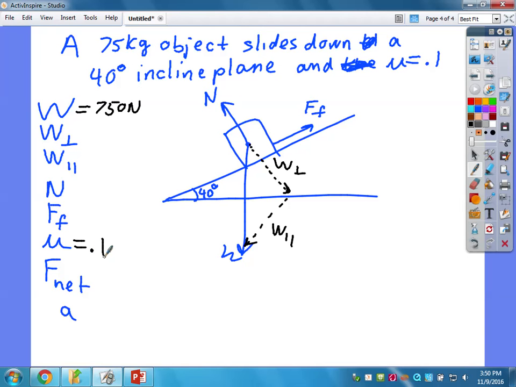So where can we go from here? What do I need to solve for? Okay, I'm going to go for the perpendicular force. Perpendicular force is equal to 750 cosine of 40. Again, 40 is at the top of the triangle there. Weight parallel, 750 sine of 40. Solve for both of these.